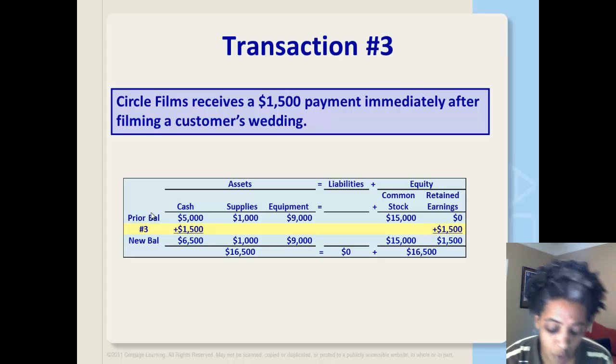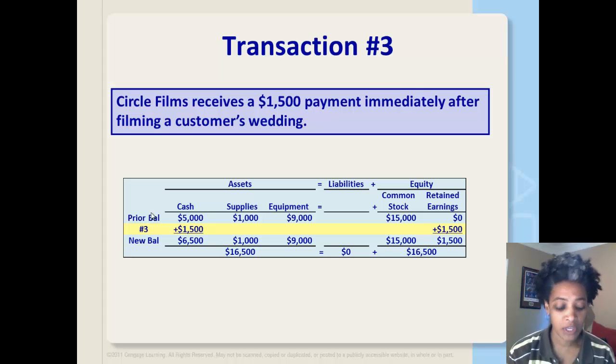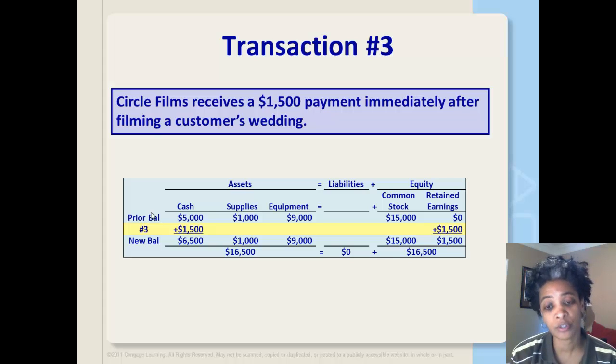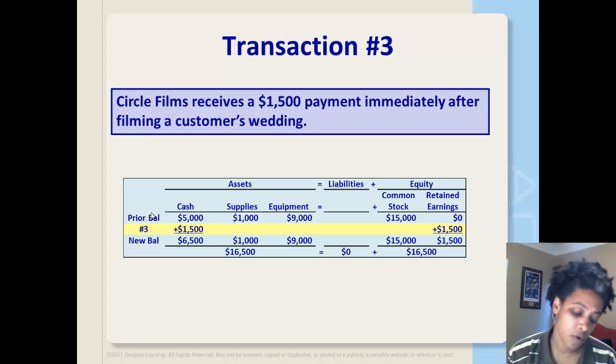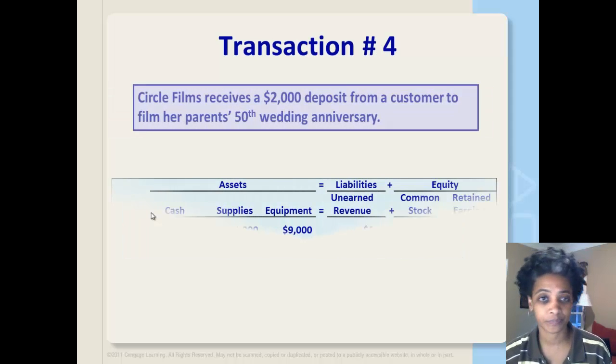And so an inflow of assets from providing a service is revenue. You should recall that from when we talked about the income statement. So revenues increase net income, which in turn increases retained earnings. So as a result, their retained earnings, which is part of equity, is increasing. And so that is what balances our equation.